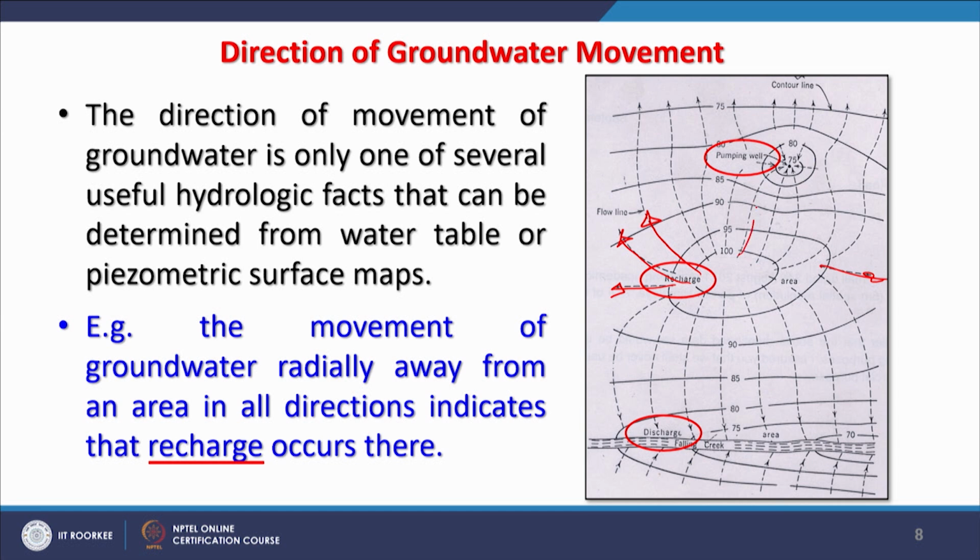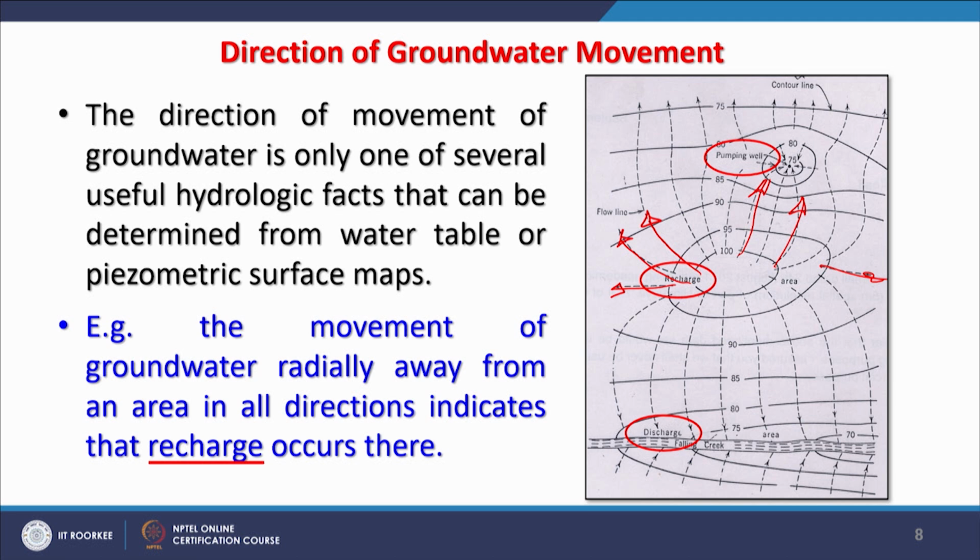These are all in outward directions, indicating that recharge occurs. So if these lines, perpendicular to the contours representing the equal water levels, are going away from the well, then that area is showing recharge.